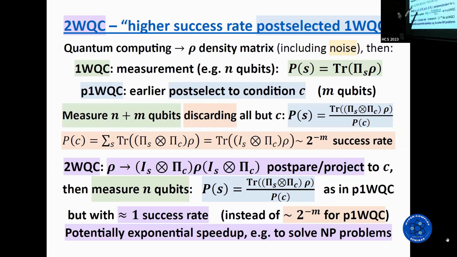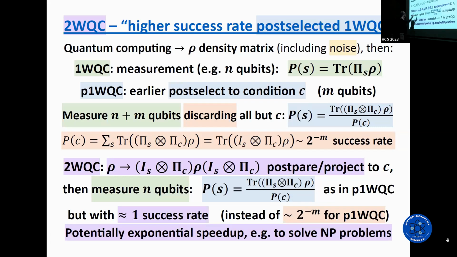That means we have some additional condition C. So we have n qubits for the state and m qubits for this condition C. In post-selected quantum computers, we measure all n plus m qubits and discard all but those which satisfy this condition C. So finally we get the probability of this being, so the C has to agree, and then we divide by the probability of this condition, that is, the probability that running the computer and measuring all the qubits, we get the condition as desired.